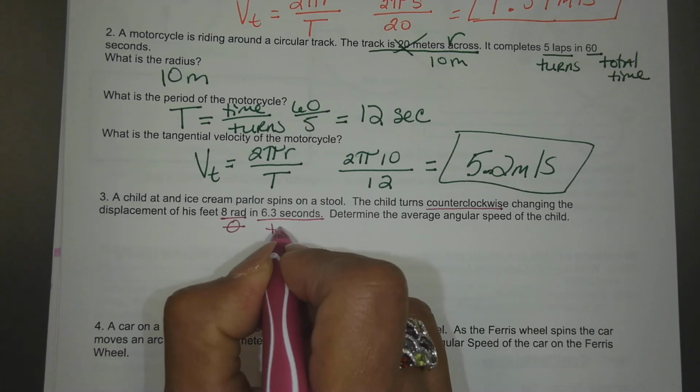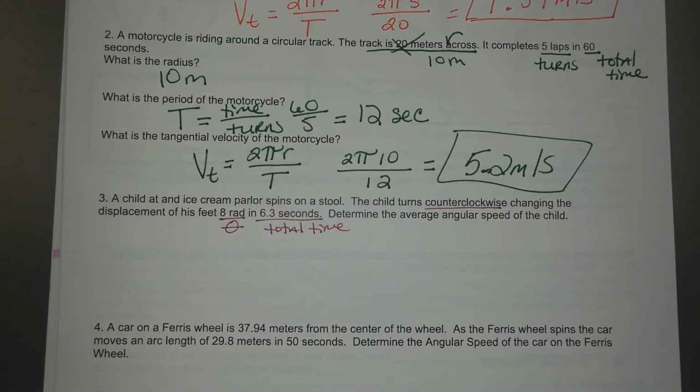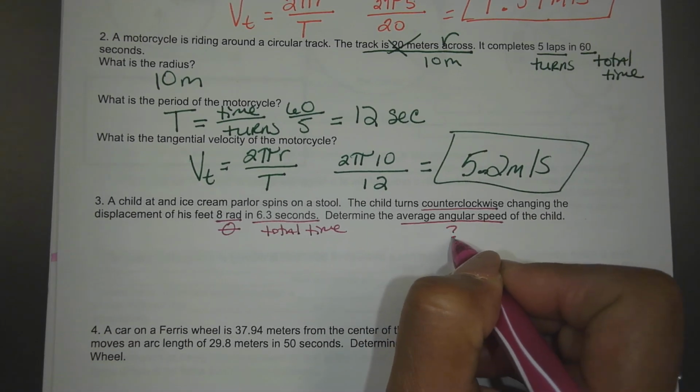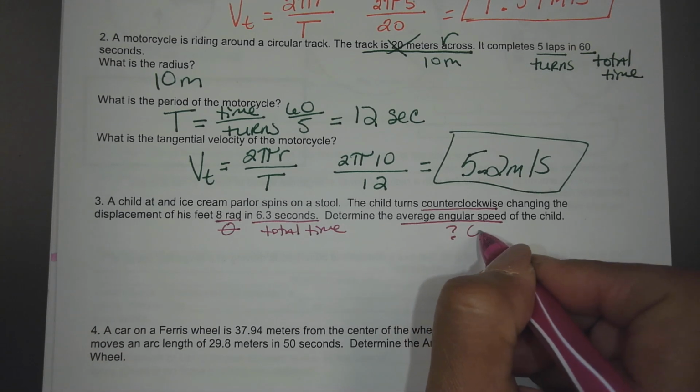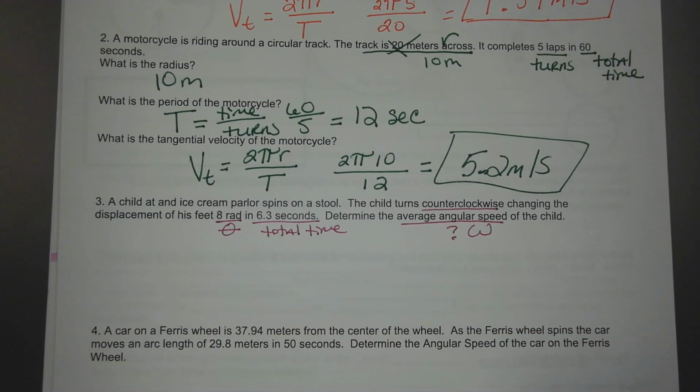It took a total time of 6.3 seconds to come to a stop. Determine the angular speed, or what's the omega? Again, omega and tangent velocity are like tomato, tomato.